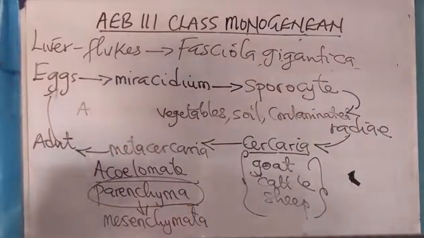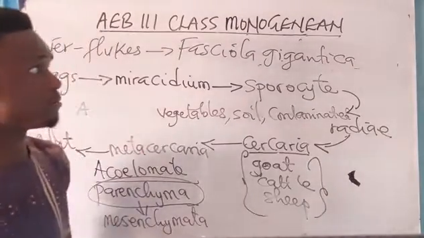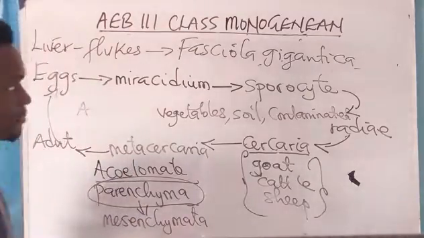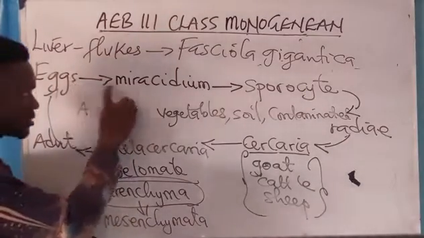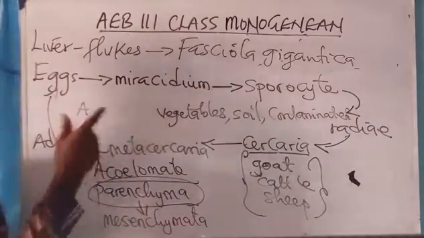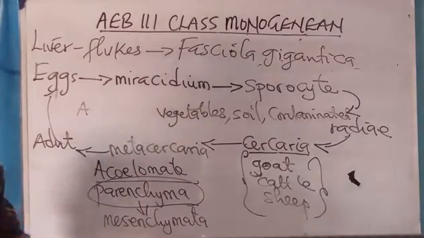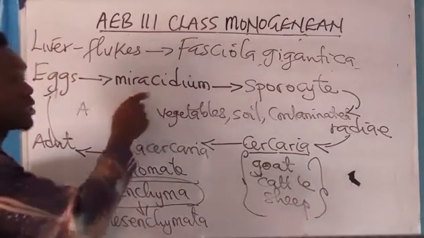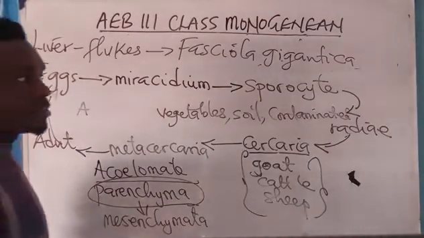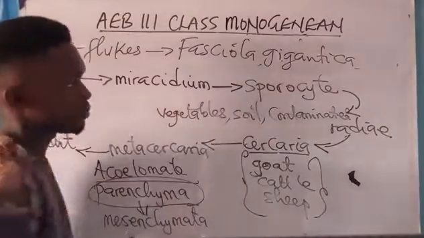They may ask which of the following best expresses the life cycle of a digenetic fluke or trematode. Which of them is ciliated? Miracidium, which locates the host because it swims by the lashing movement of the cilia. It attaches itself and develops into the sporocyst.